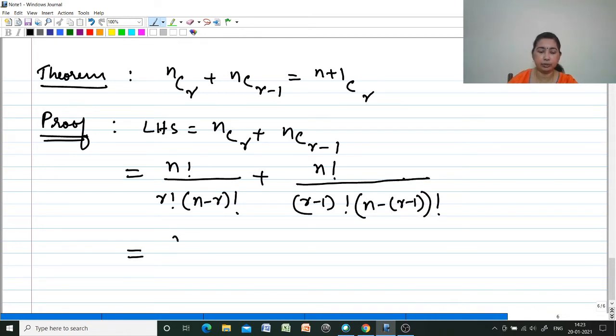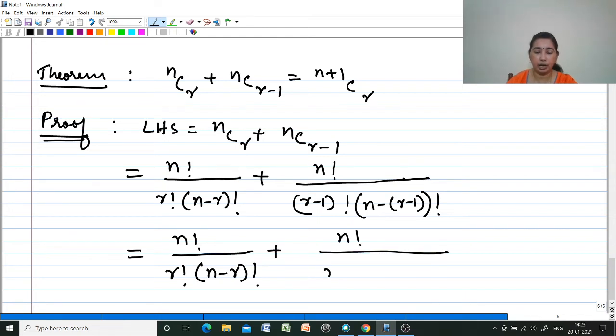That is equal to n factorial by r factorial into n minus r factorial plus n factorial by r minus 1 factorial into n minus r plus 1 factorial.